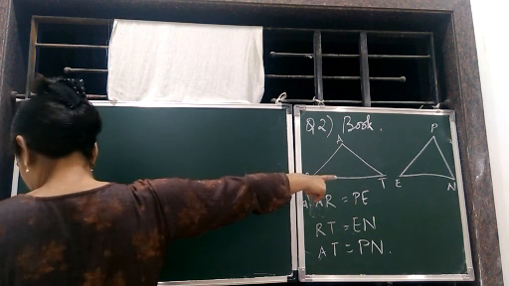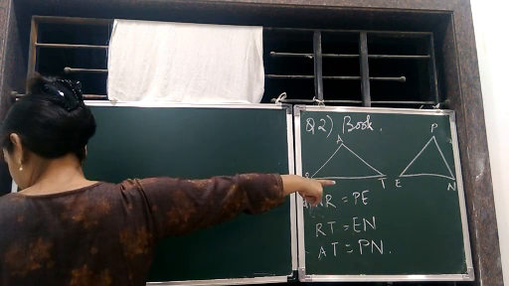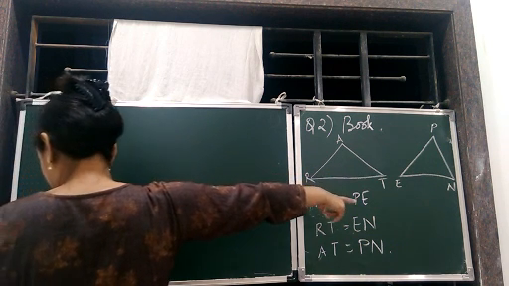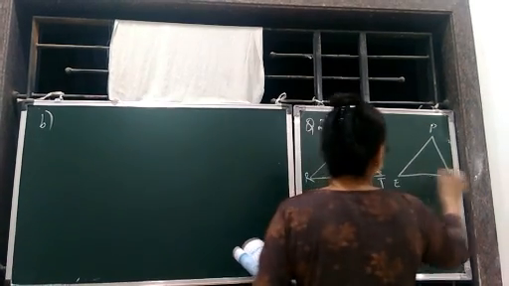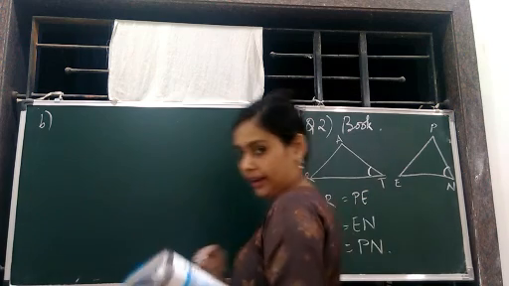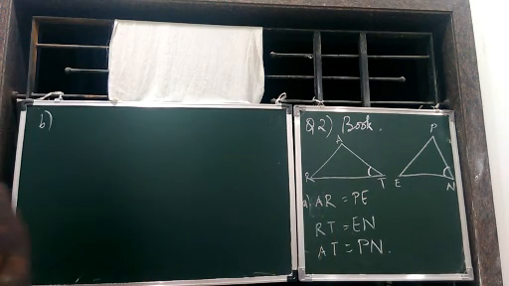Again, the same triangle is there. If it is given that angle T is equal to angle N, then using your SAS criterion.